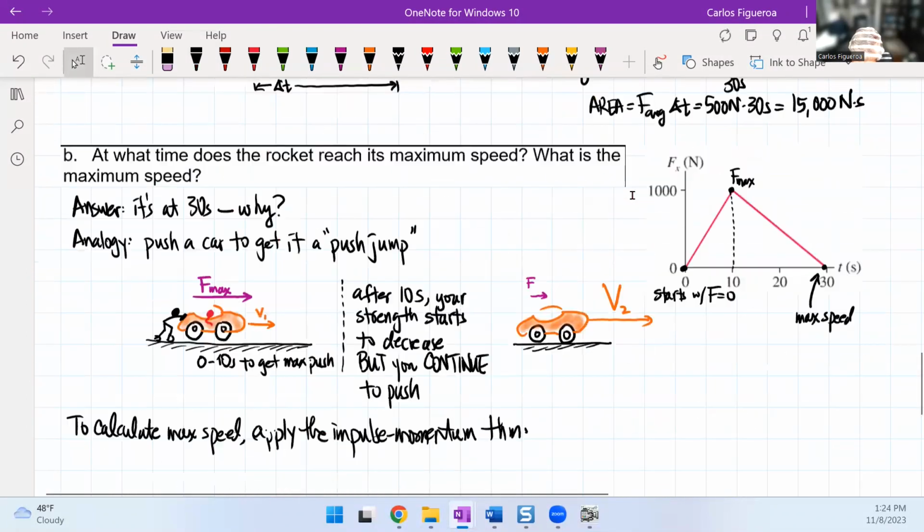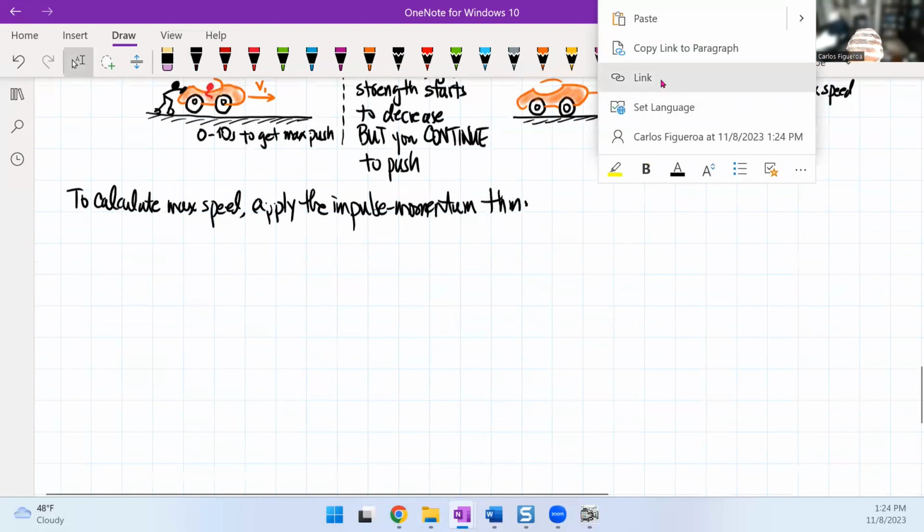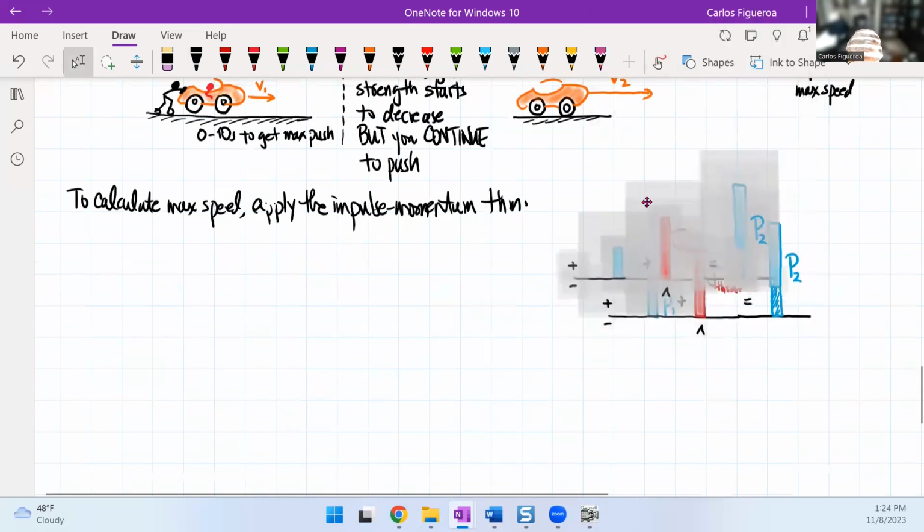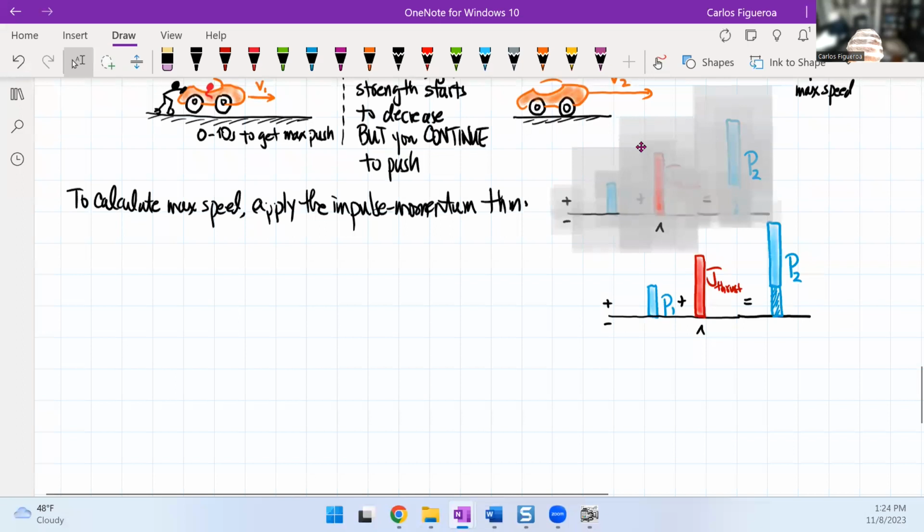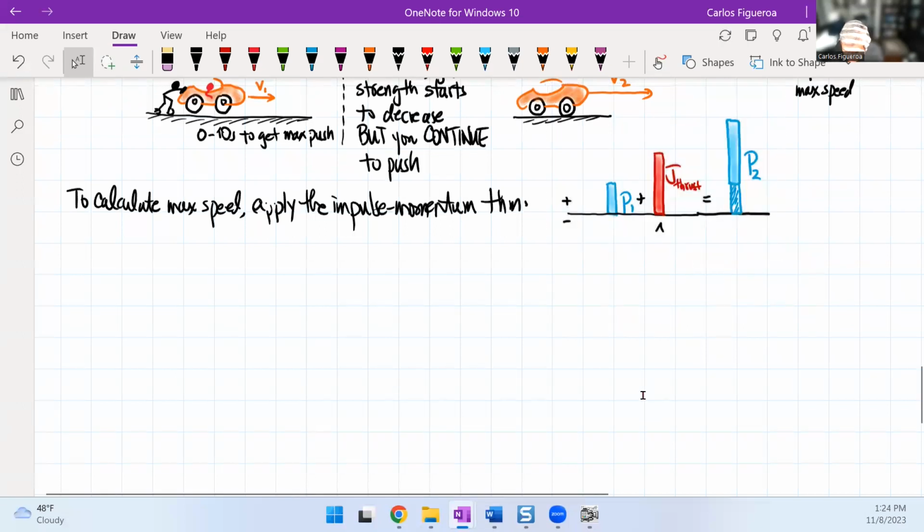So if I come in and I look at this thing, here's my impulse momentum theorem, and we've already drawn this. We already know what's going on. So what am I going to do? I'm going to use my drawing to write out my picture here.